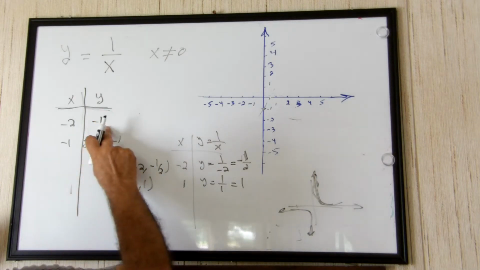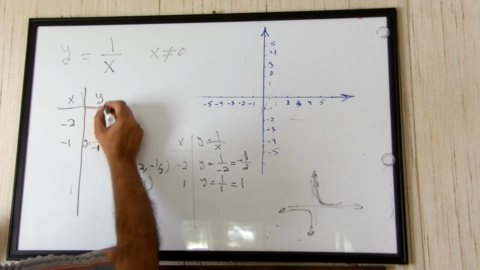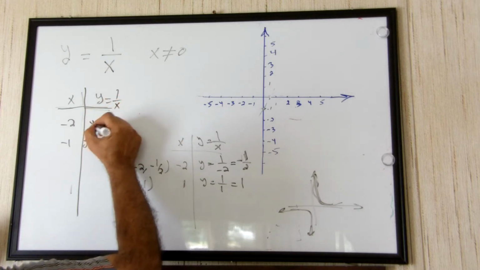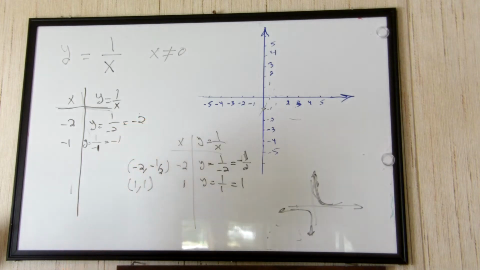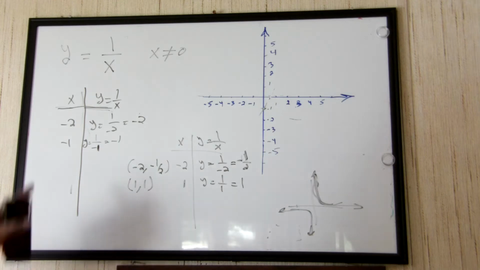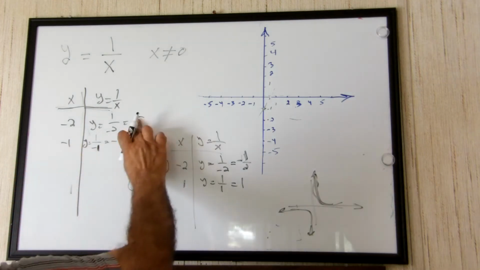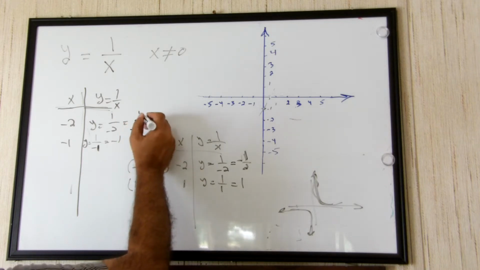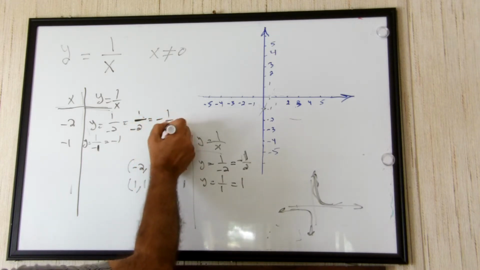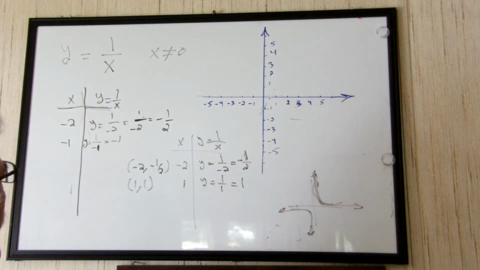And this one we put, x is going to be minus 2, y is 1 over minus 2, or minus 1 over 2.